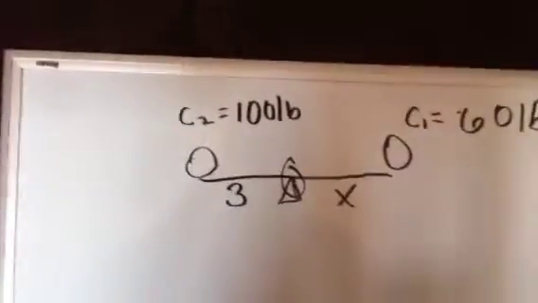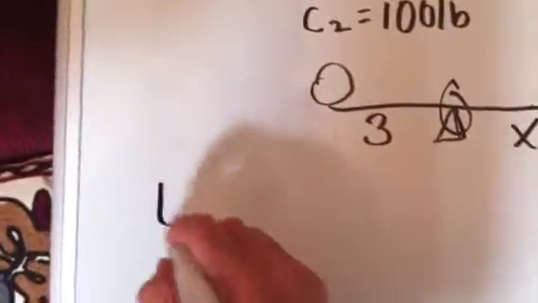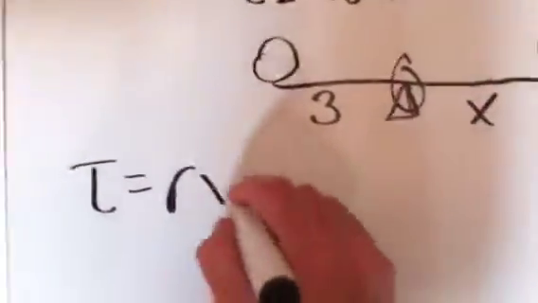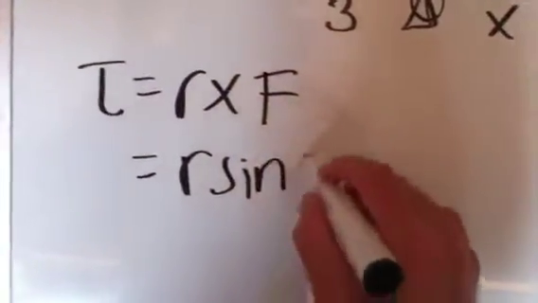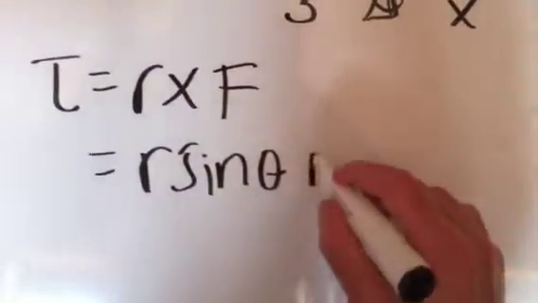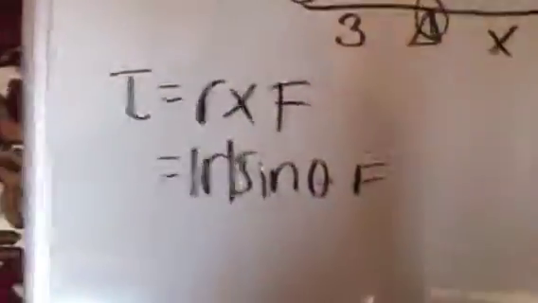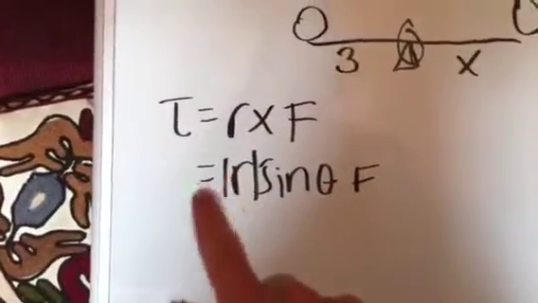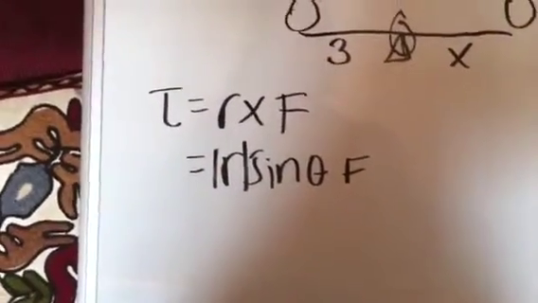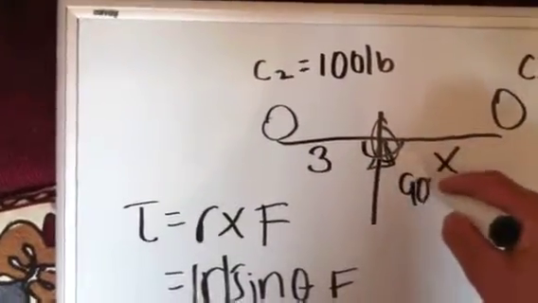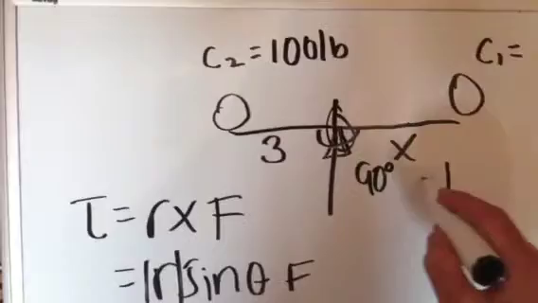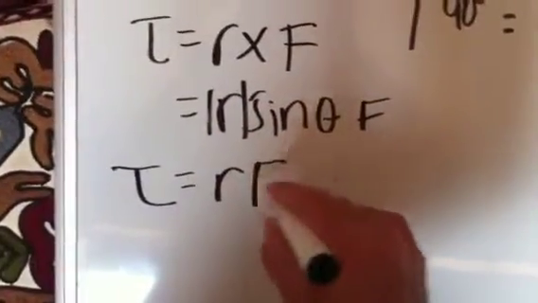Torque is defined as R cross F, or R sine theta times F, where this is the magnitude of R. Whether R is positive or negative does not matter. In this case, our angle is made between here and here. These are both 90 degrees, and the sine of 90 equals 1. So we will be crossing out the sine of 90, taking the absolute value away. Our torque is going to equal R times F.